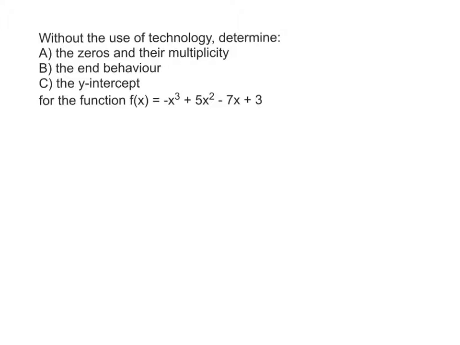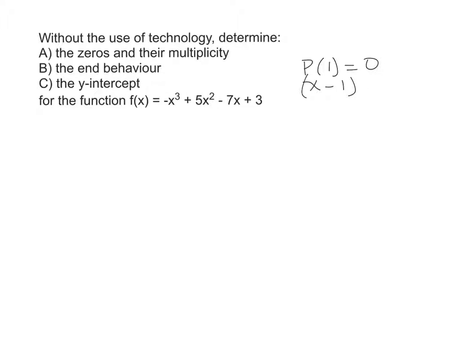So starting out exactly the same as we did the last one. This one only has 4 potential zeros: positive and negative 1, positive and negative 3. So let's figure out, you guys test them and tell me which one works. So P of 1 is equal to 0, which means x minus 1 is a factor.